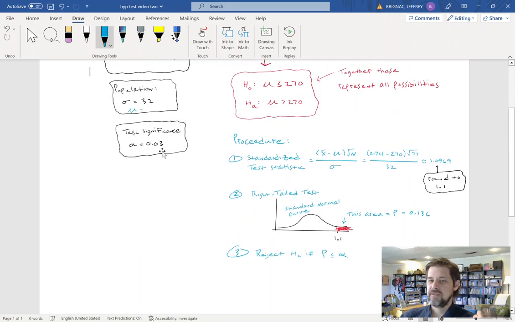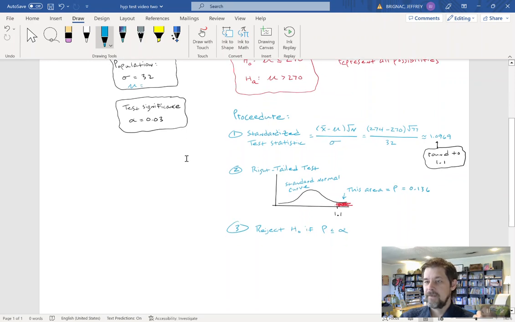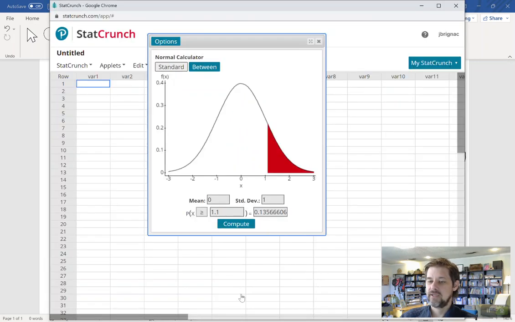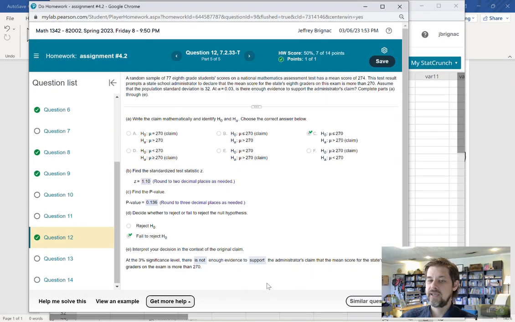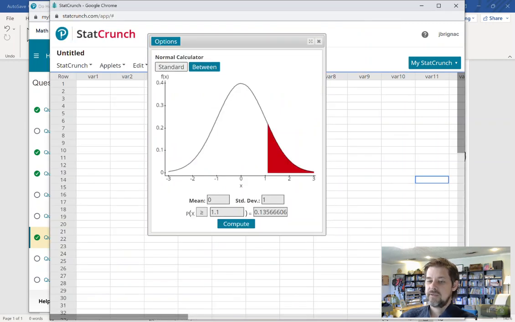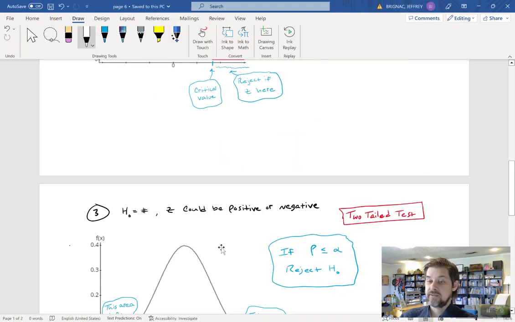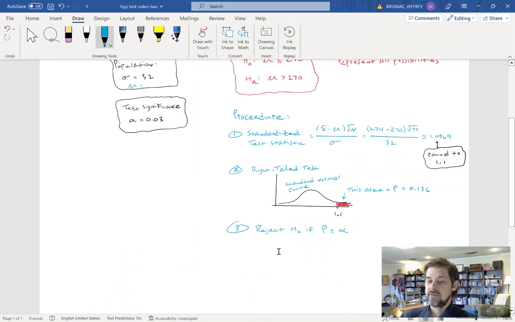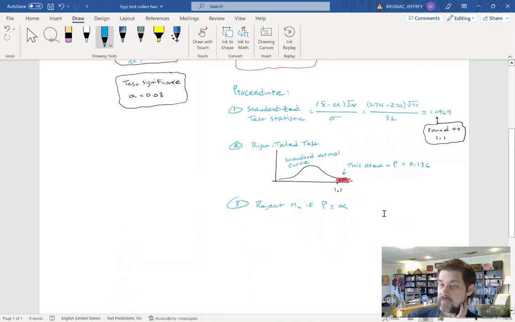Alpha is 0.03. And here I'm getting 0.136. So in that case, I'm not going to reject the null hypothesis.